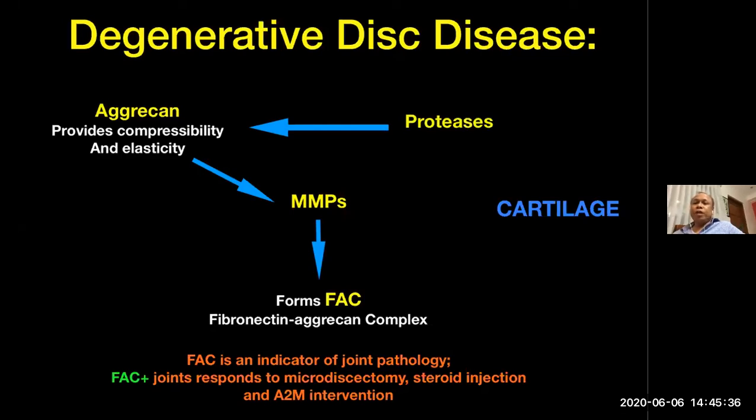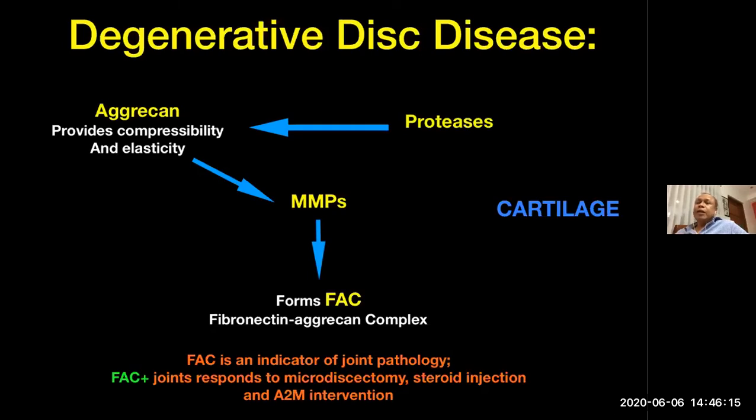Now, there are ways by which we can analyze this particular compound, and it's also been used to diagnose patients with DDD by doing a test for Fibronectin Aggrecan complex. And this is very useful because even as we say this is an indicator of a joint pathology, the FAC also will help us respond as to what type of treatment we need to do.